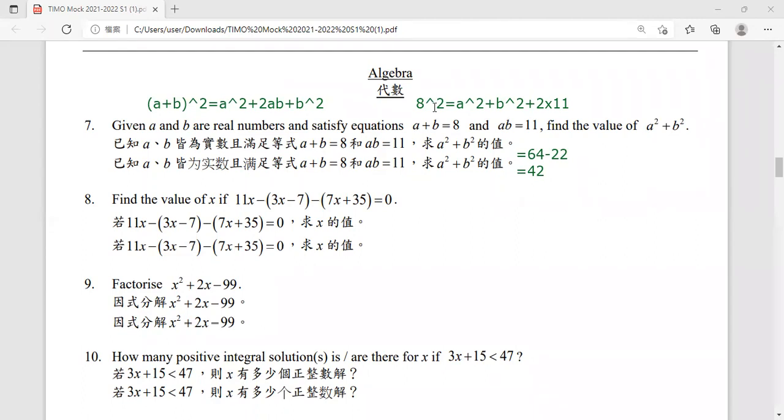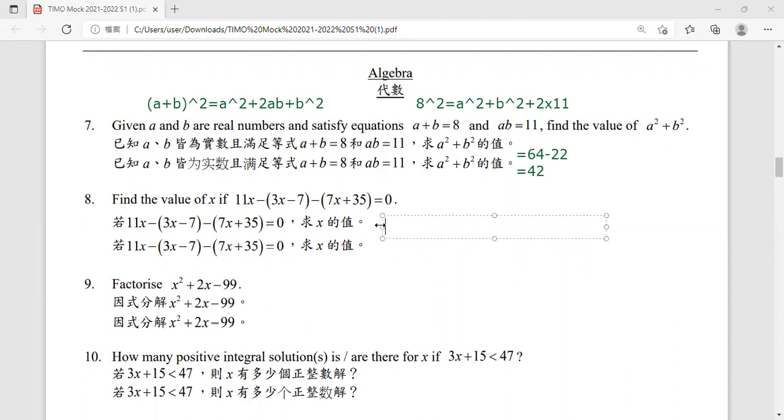A squared plus b squared minus 2ab equal to a minus b, the whole thing squared. Please bear in mind that a minus b, the whole thing squared.